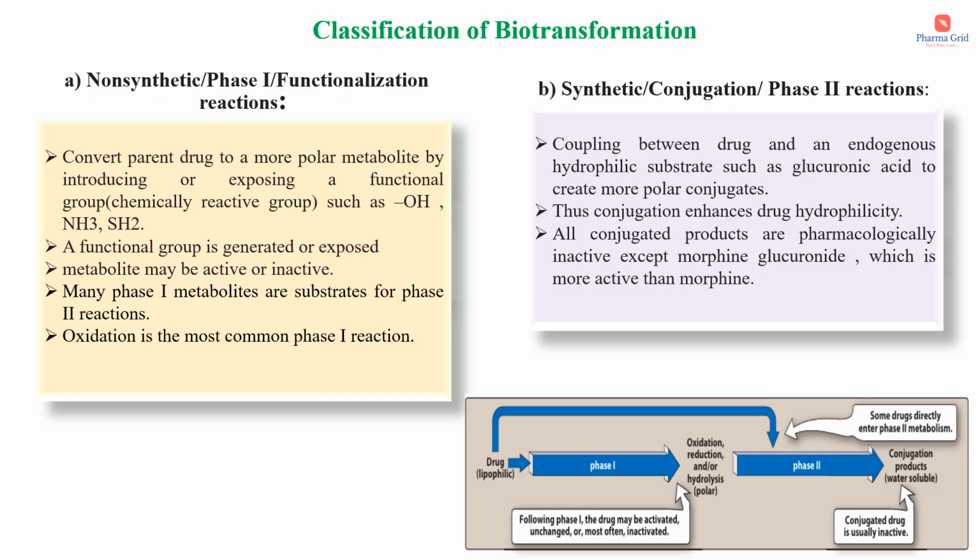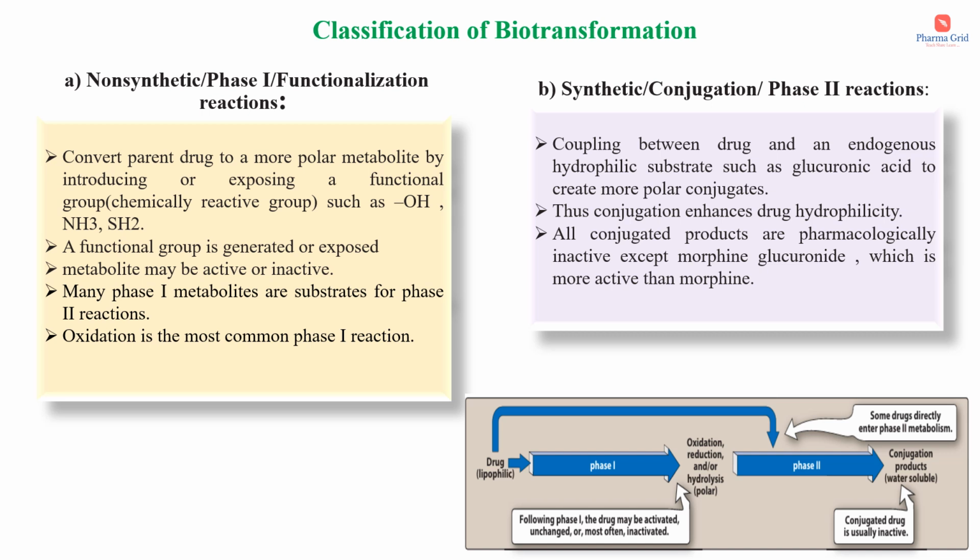Next, we are going to learn about the classification of biotransformation. Biotransformation can be classified into two types, phase 1 reactions and phase 2 reactions. Phase 1 reactions are also known as non-synthetic or functionalization reactions, whereas phase 2 reactions are also known as synthetic or conjugation reactions. The first one is phase 1.